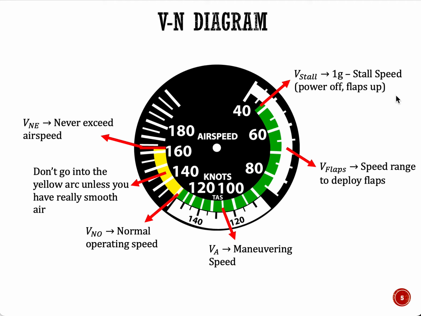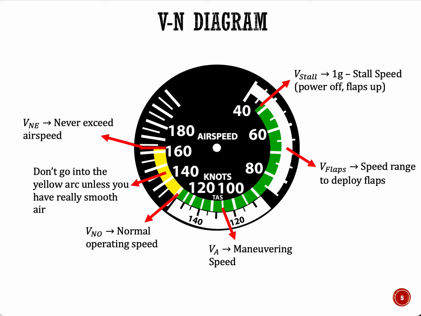So these are some of the very important flight speeds that any pilot should be aware of, or any designer should be aware of, because you need to know what the limits of the aircraft that you're designing are. If you have certain requirements on operating speed, stall speed, maneuvering speed, and all that, you have to make sure the structure of the aircraft is rigid enough to handle those loads that are associated with the airspeed.